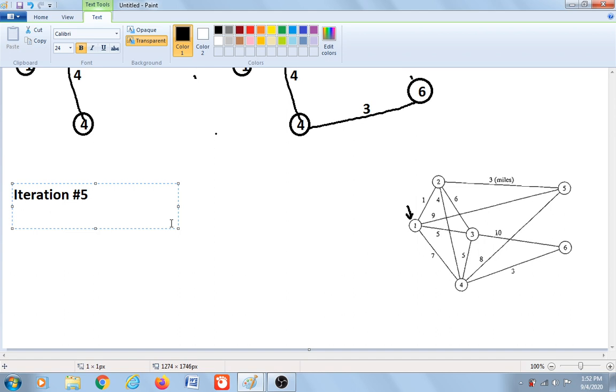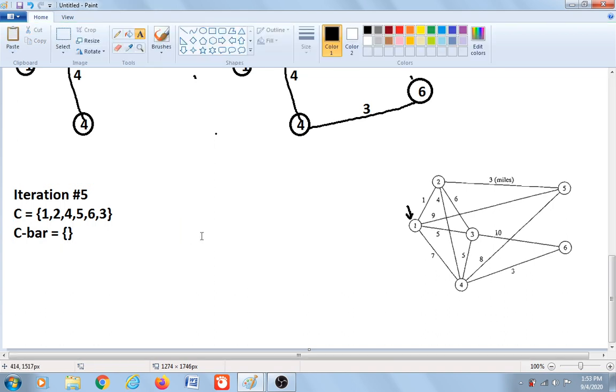So in this case, I will select the arc connecting 1 and 3. So my C will be 1, 2, 4, 5, 6, and 3. Right, and my C bar will be empty. Right, so that will be empty space.